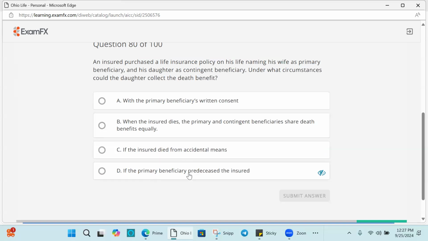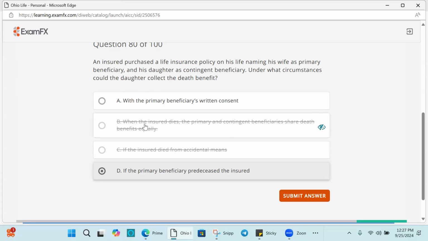If the primary beneficiary precedes the insured, then yes. If nothing else changed, of course, if the insured died from accident, that means nothing to me. When the insured dies, the primary and contingent beneficiary share death benefits equally. Not true.